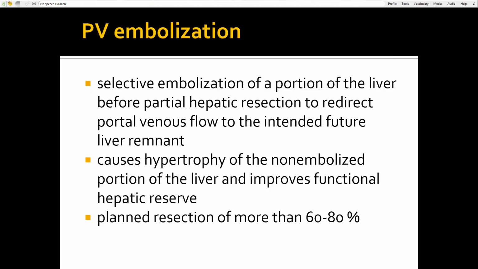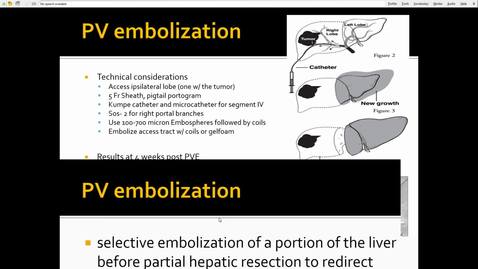Your goal is to cause hypertrophy of the good lobe of the liver, by embolizing the blood flow to the bad segment of the liver, so that you get enough liver that the patient will do fine once they take out the segment of the liver that has the tumor in it. So if there's a plan for a potential large amount of liver to be removed, then this is something to be considered.